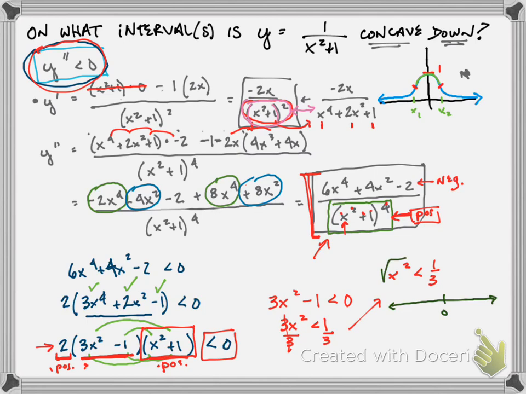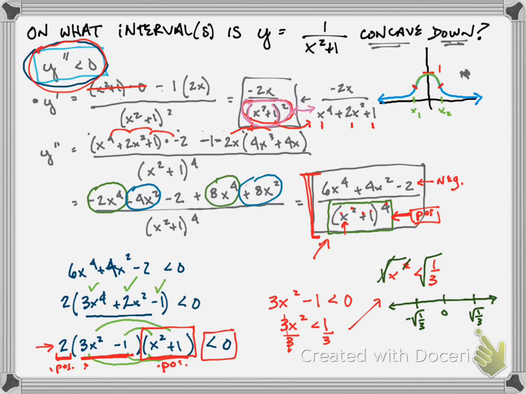If I took the square root of both sides, it might help you consider the fact that x needs to be less than the square root of a third. But if it's greater than the opposite of the square root of a third, I'm also okay.